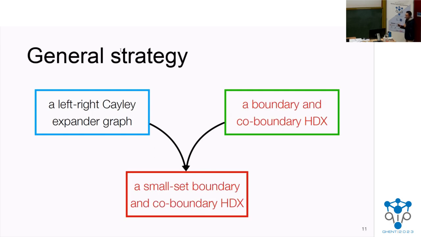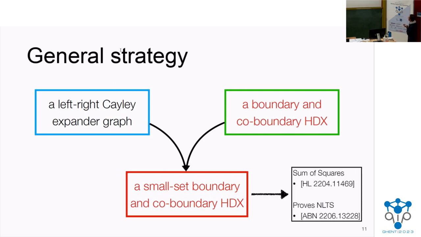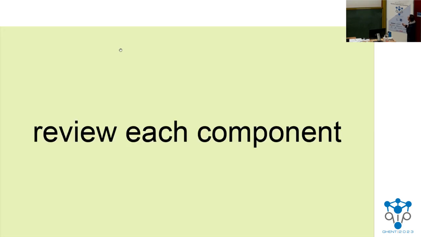And if we use the language of high-dimensional expanders, you can interpret this as replacing this robust condition with certain boundary and coboundary expanders. And then together, what you get is a small set boundary and coboundary expander. Okay, and I'll explain more in detail, but I just want to highlight that this is precisely the condition that's needed to show these complexity results. Okay, and now we'll go into more detail and discuss the three components.